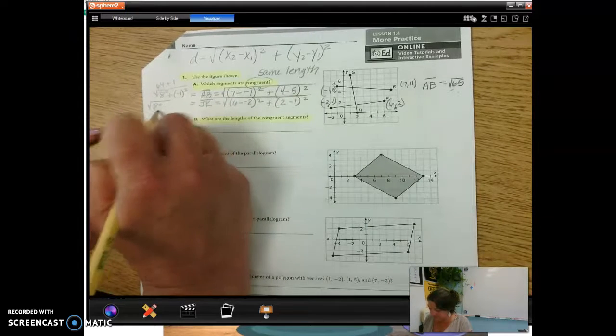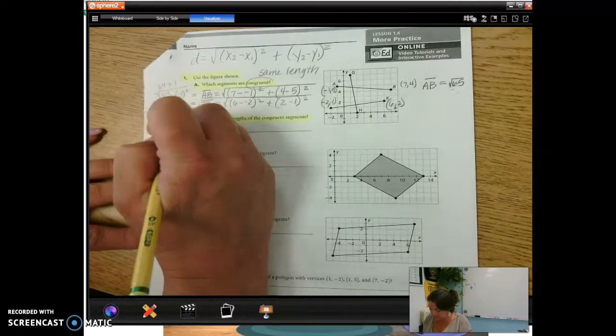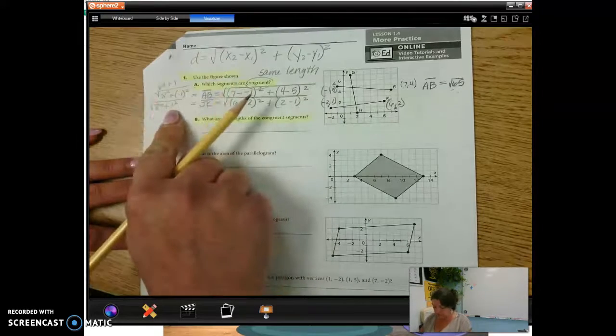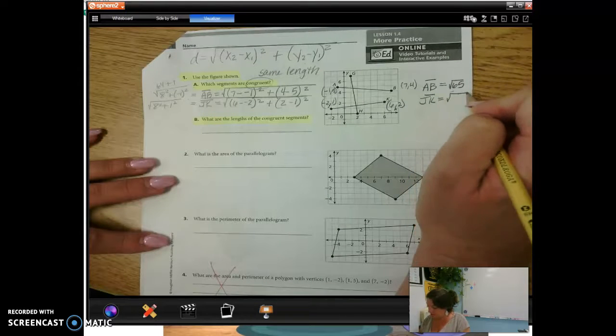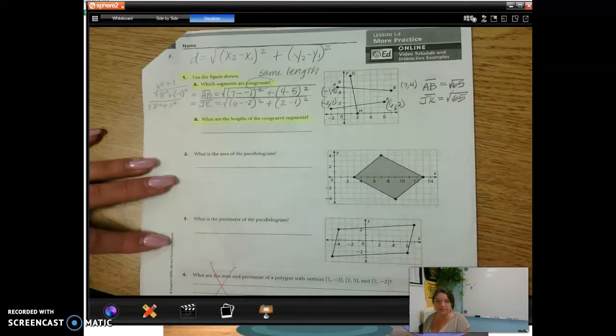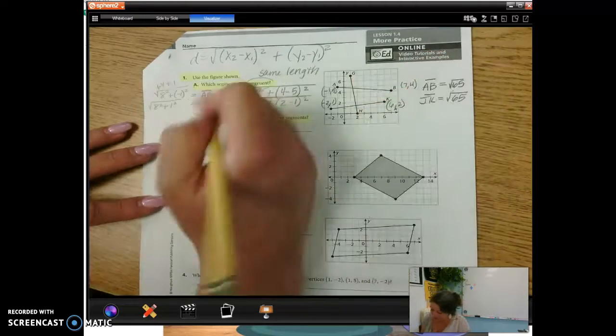So I've got 8 squared, plus 2 minus 1 is positive 1 squared, and 64 plus 1 is another 65. So JK is also the square root of 65. Let's go find GH.